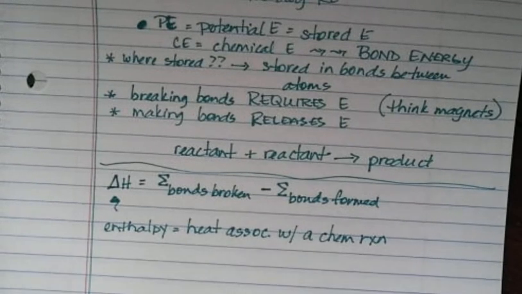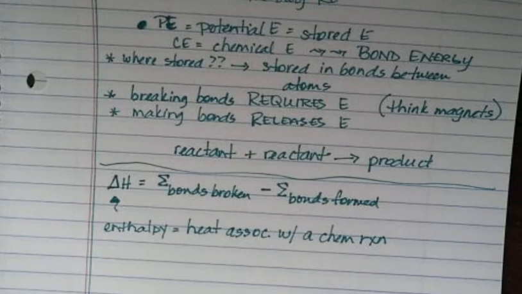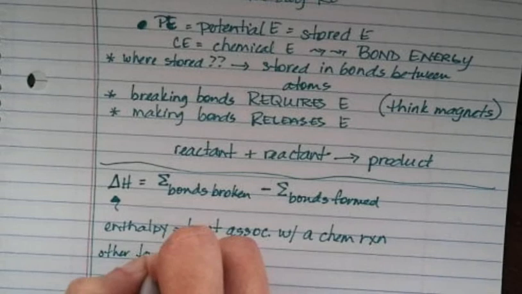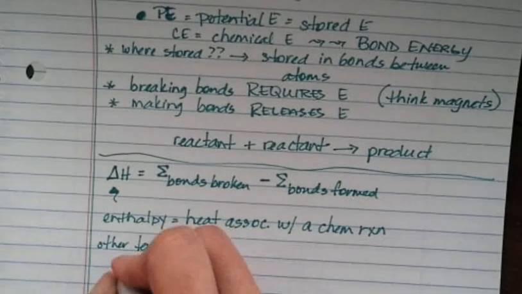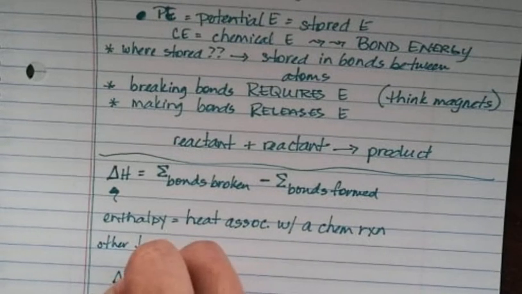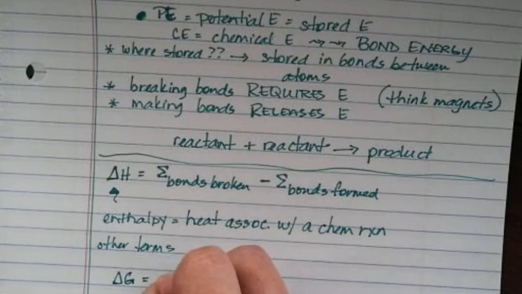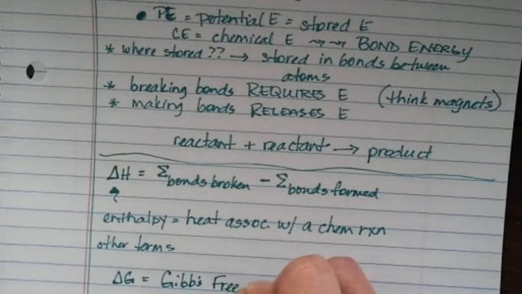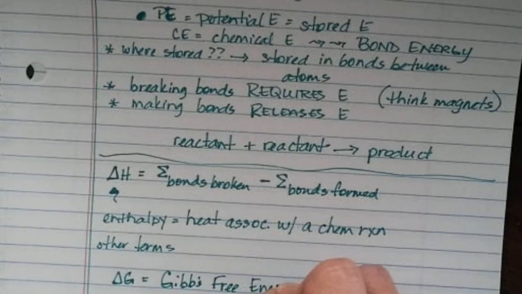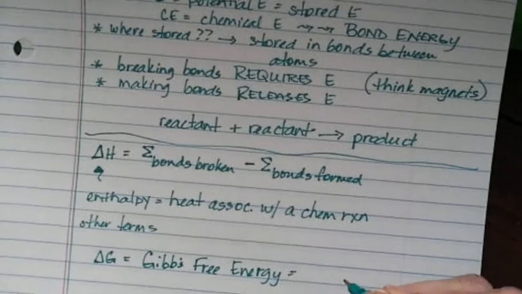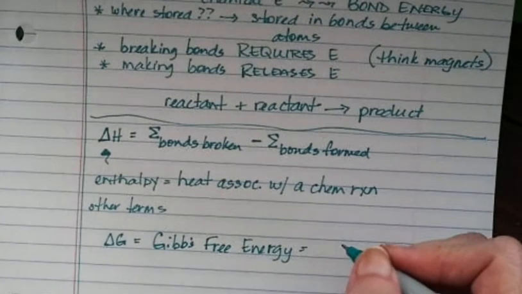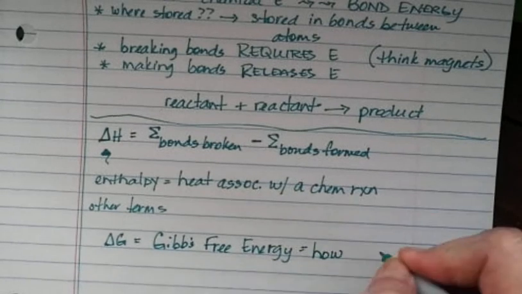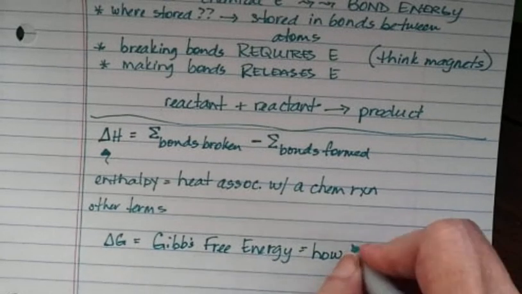There are a couple of other terms that we want to put in here too. And the next one, I should say, is delta G, and this is Gibbs free energy. And it sounds like somebody's got a sale or they're giving stuff away here, but in reality they're not. What they're talking about is how much energy is available to do work. Free energy. How much energy do you free up to do work?